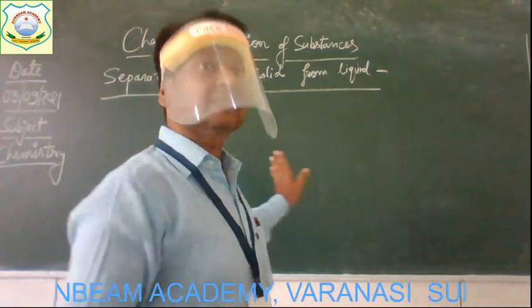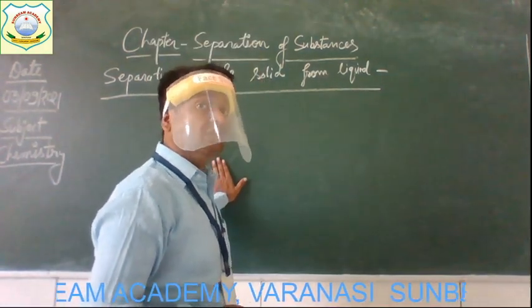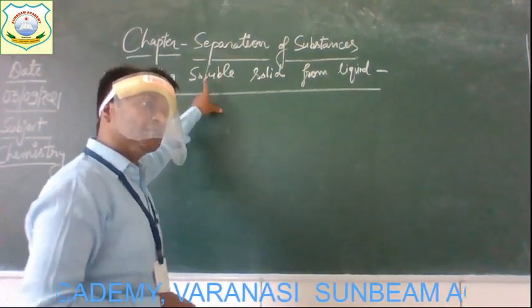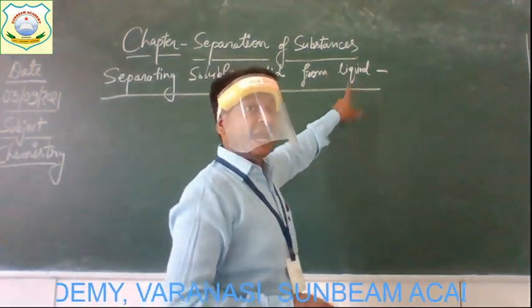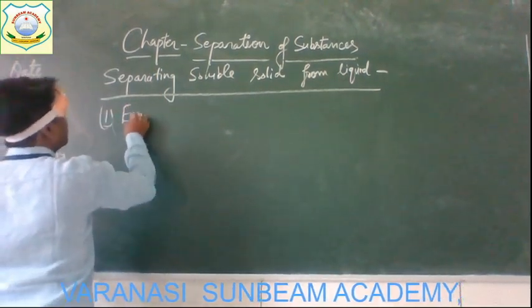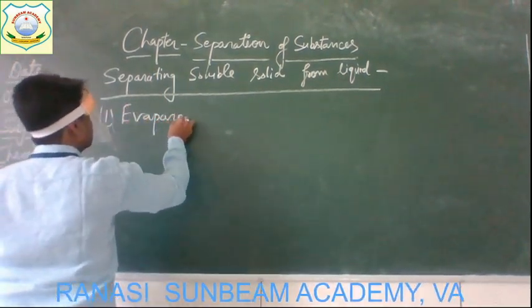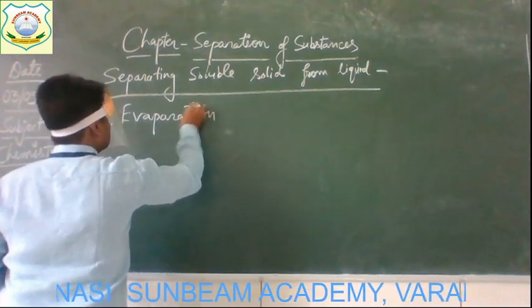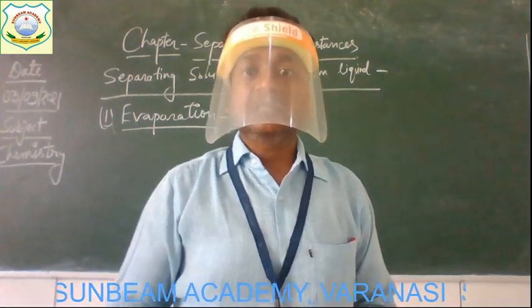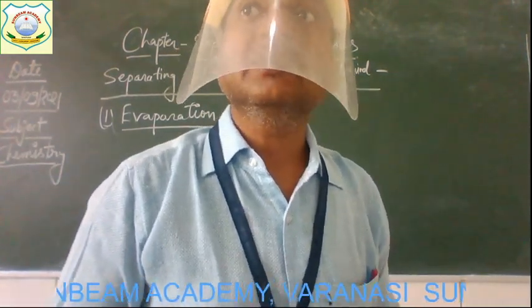So you can say that salt is also soluble in water. Here we will discuss the methods by which we can separate those kinds of solids which are soluble in liquid. The first, very common, simple method is evaporation. Children, what happens in evaporation?